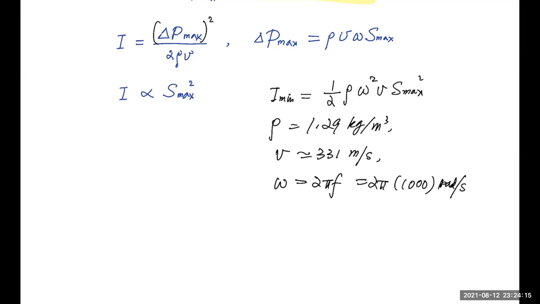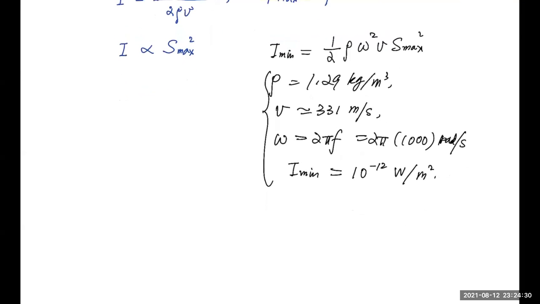And you will, of course, know what I maximum is. I minimum. Okay, I minimum, that's the threshold of hearing, 10 to the negative 12 watts per meter squared. You can then go ahead and calculate S maximum. Okay, so what is the amplitude of the displacement wave of the sound that we can barely hear? So S maximum, go ahead and solve that.